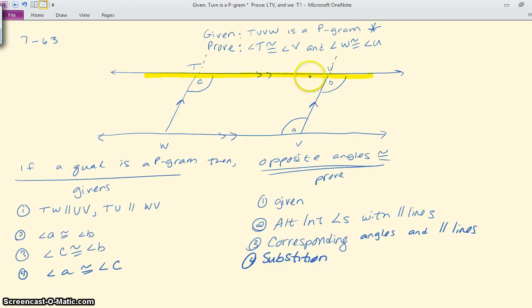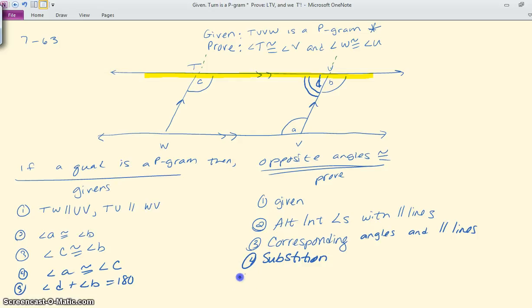And let's go ahead and call this angle C. Oh, no, we have a C. Let's call it D. Angle D plus angle B equals 180.